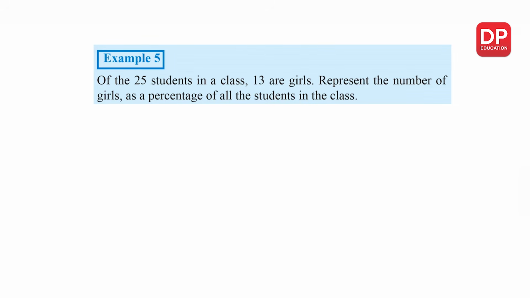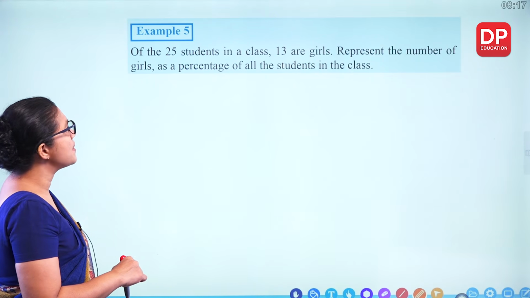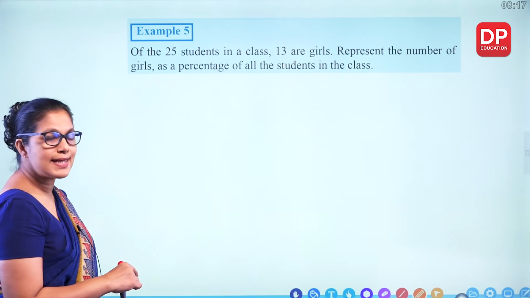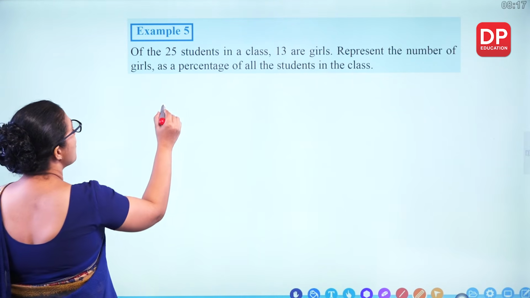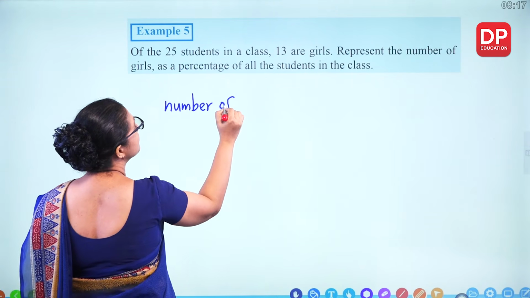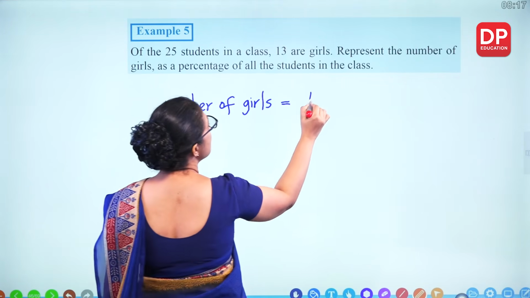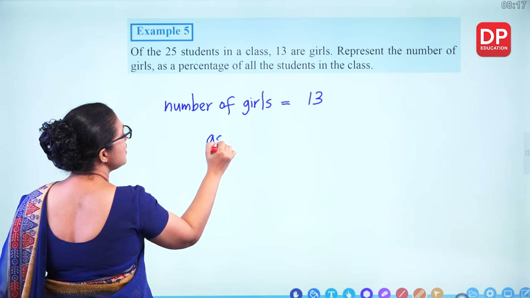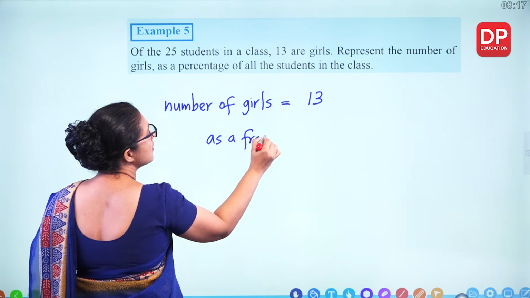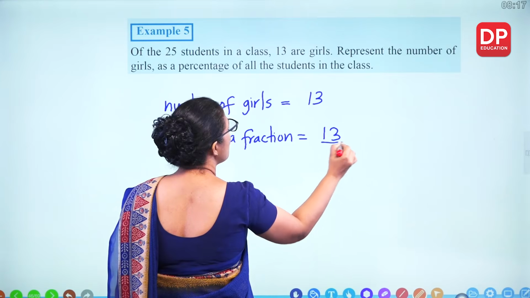Example 5. Of the 25 students in a class, 13 are girls. Represent the number of girls as a percentage of all the students in the class. So the number of girls, as a fraction, you can write 13 out of 25.